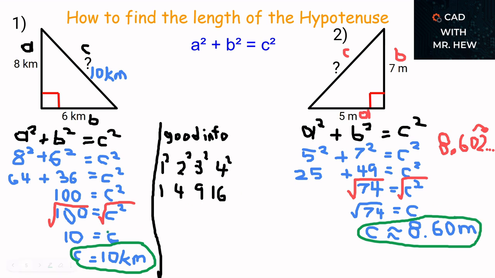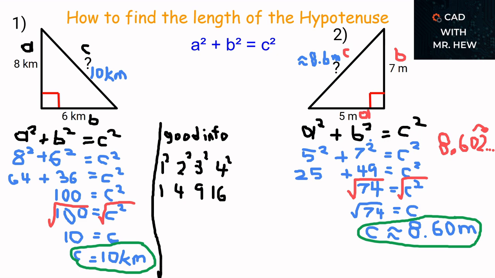All right, so we're going to write the answer up the top there, which is, so C is approximately equal to, so we're going to put the approximately equal to sign there, to 8.6 meters, small m. All right, so we have completed questions 1 and 2.